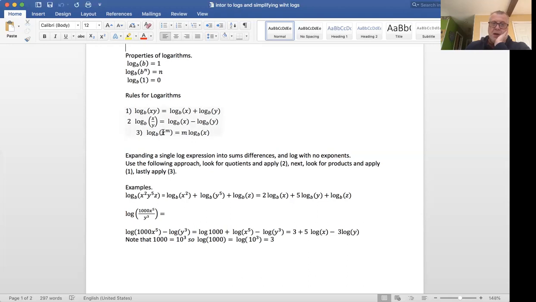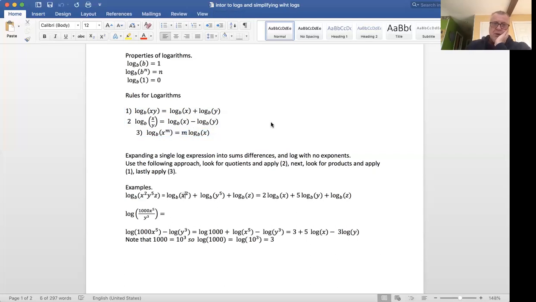Then we have the log of a number raised to a power. That exponent gets brought down and goes in front, and we take the log of whatever we had originally without the exponent. Okay, so again, why is that? Well, remember, when we have a power raised to a power in exponent rules, we multiply the two exponents together, and that's all we're doing. One exponent times the other exponent of m.